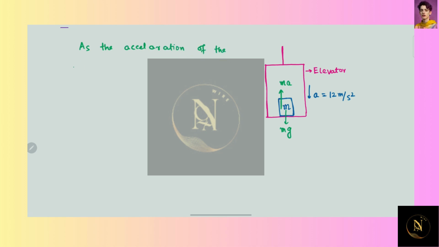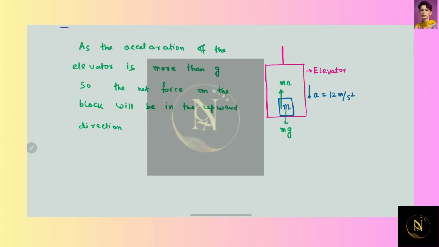And in this case, as the acceleration a of the elevator is more than g, the net force on the block will be in the upward direction, and due to which the block will be lifted up.